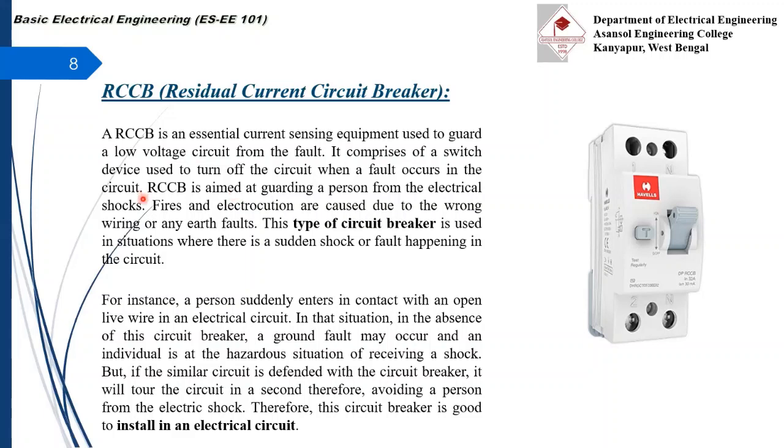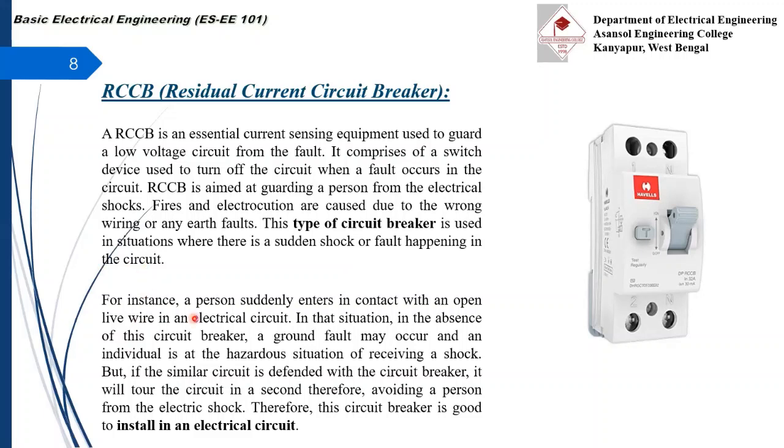Now, fires and electrocution are caused due to wrong wiring or any earth faults like line to ground, double line ground, that is earth related faults. This type of circuit breaker is used in situations where there is a sudden shock or fault happening in the circuit.